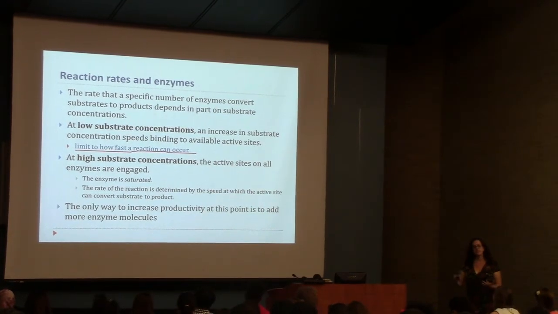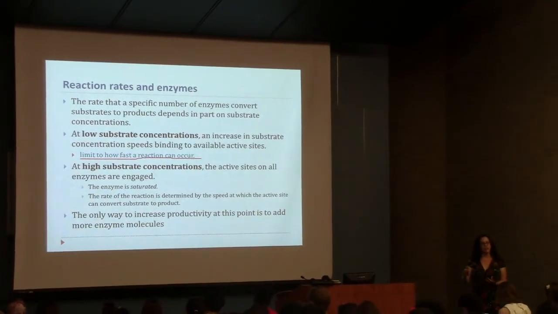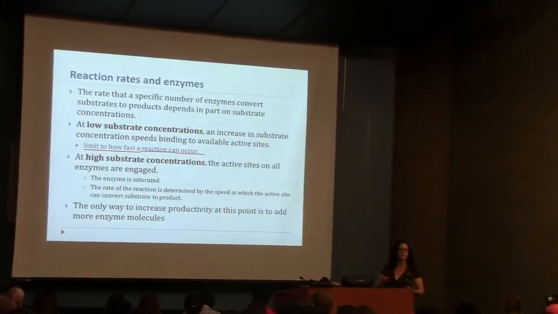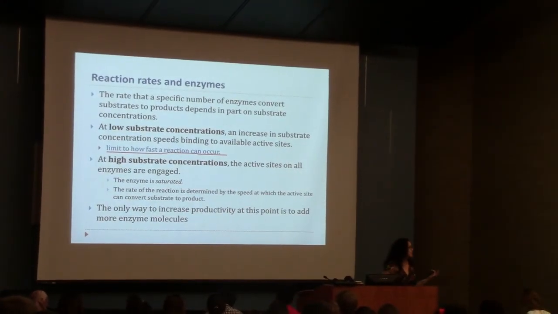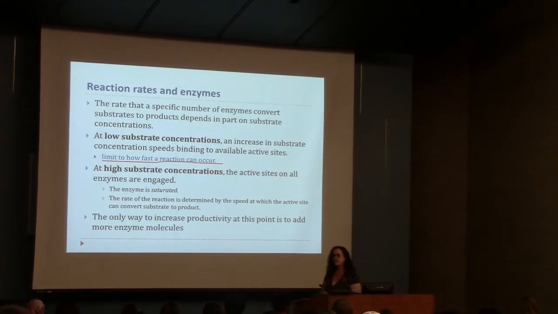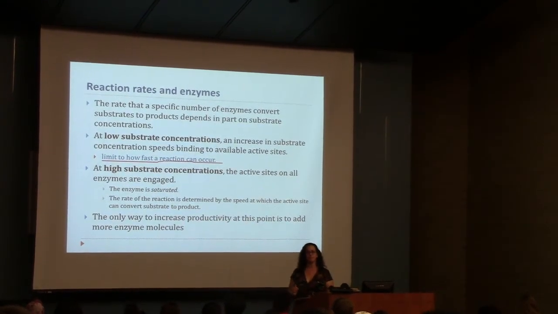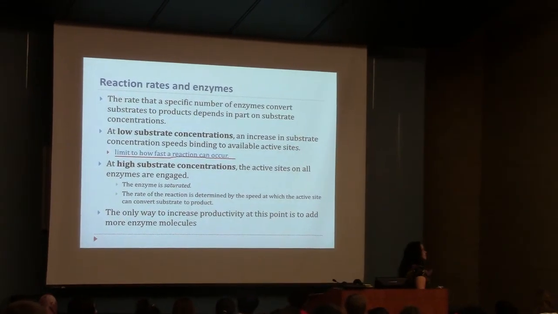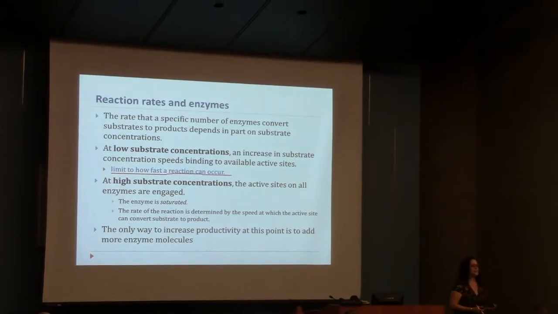In that case, the rate of reaction is going to slow down because, of course, all of the enzymes are engaged. In that case, what you could do to speed up the reaction is add more enzyme. Okay? Now, what's going on there?